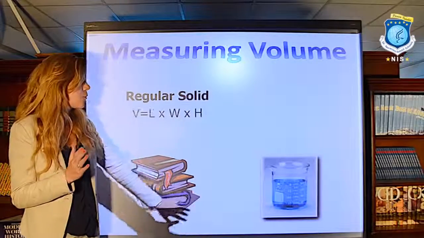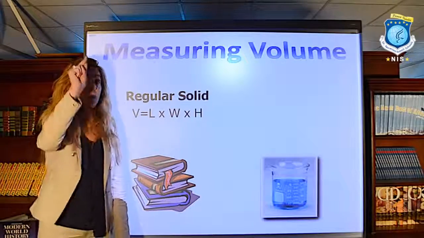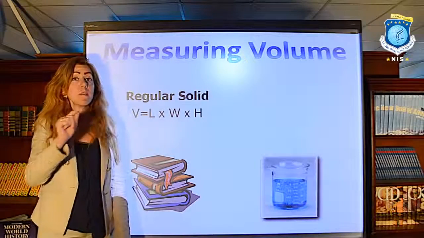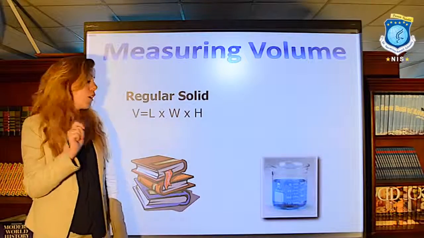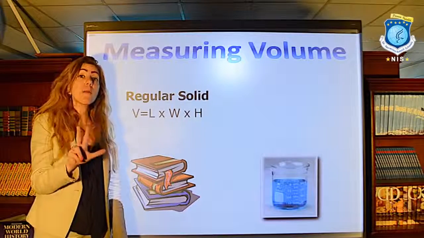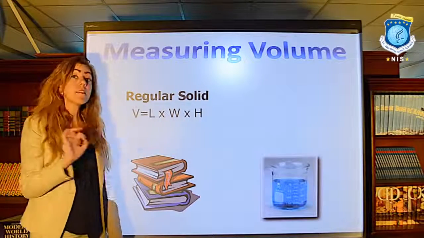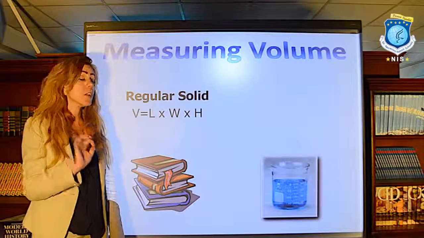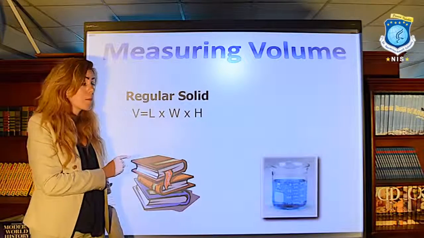There's a mathematical formula for that, which is you measure the length times the width and the height of that object. So if you have all three measurements, you can easily measure the volume of a regular solid.